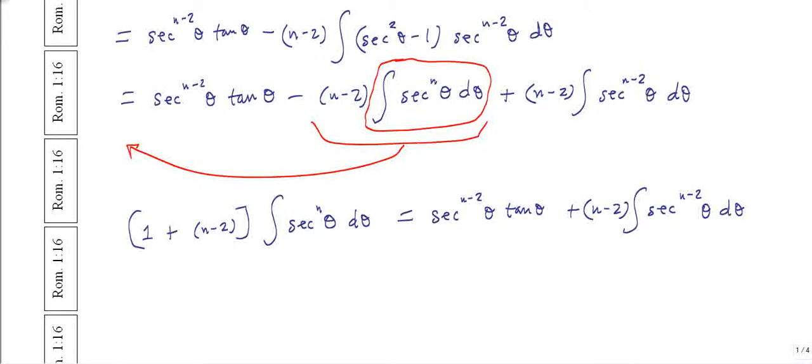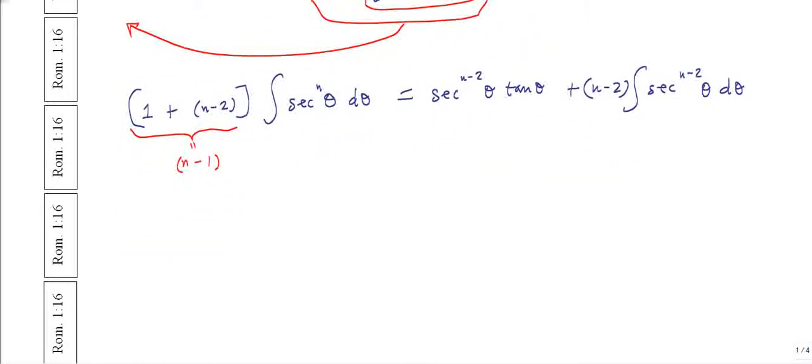Okay, and now what's left is to see that what's in the square brackets here is n minus 2 plus 1, so that's n minus 1. So this is all n minus 1. And so if I were to divide both sides by that, I get the result that I was looking for.